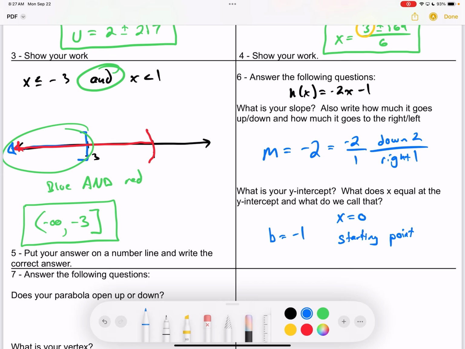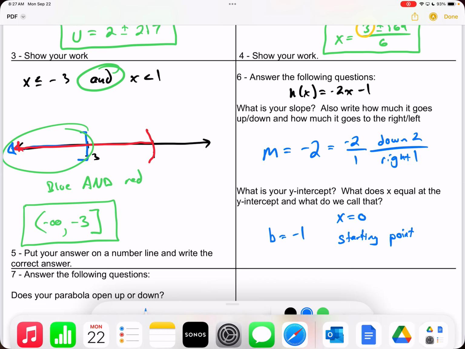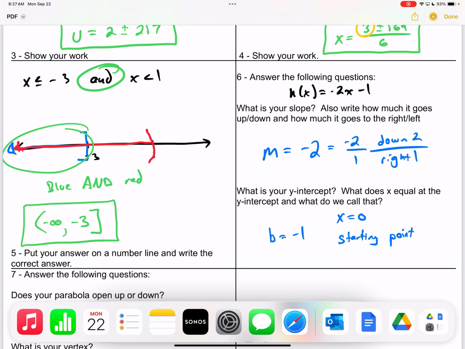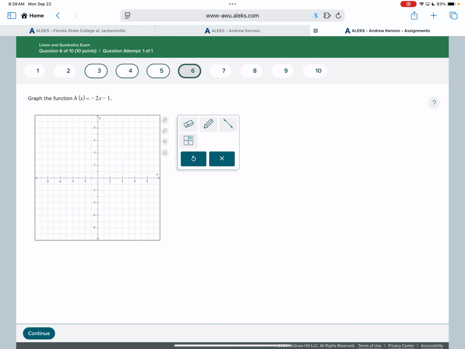When we think about what y equals mx plus b is in real life, our y-intercept is always our starting point. Okay, so that's something different than what the problem asks. The problem tells you to graph it.